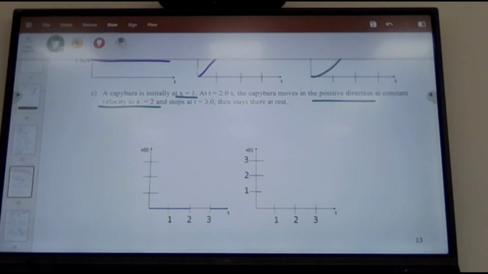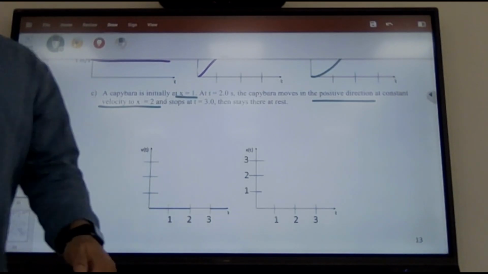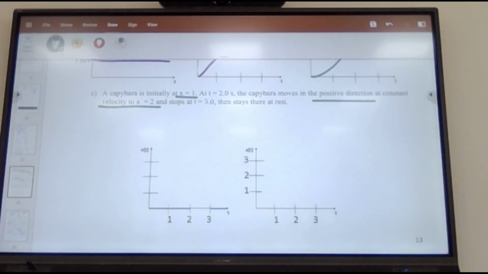Here from 2 to 3 you have to show that. Something like this, yeah.